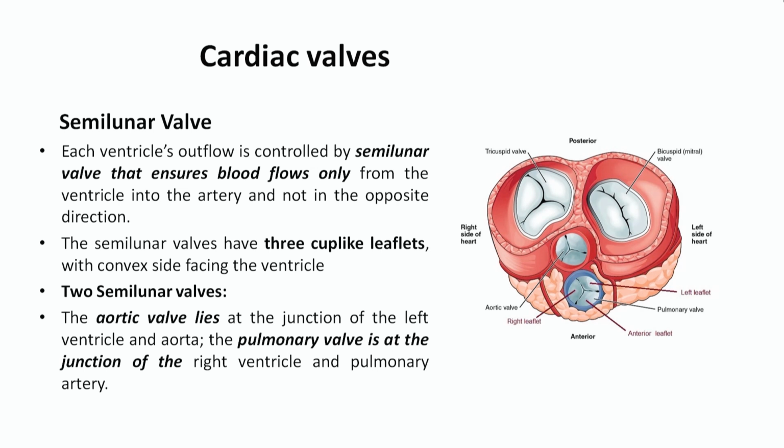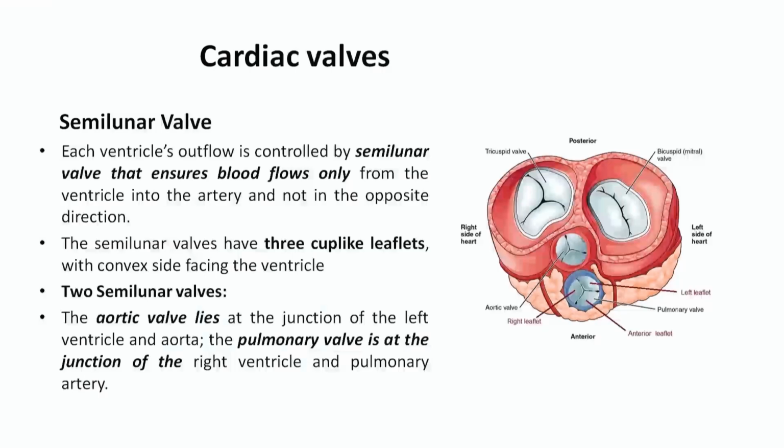The pulmonary valve is at the junction of the right ventricle and the pulmonary artery. So these 2 are called semilunar valves.